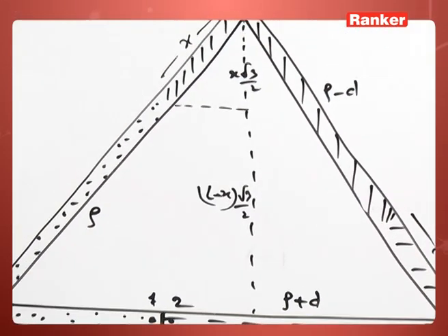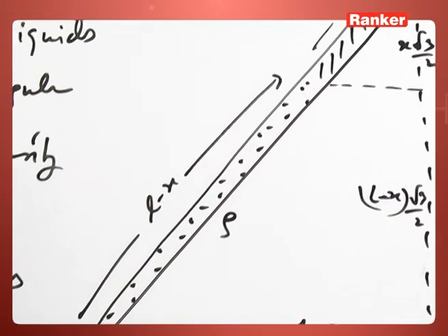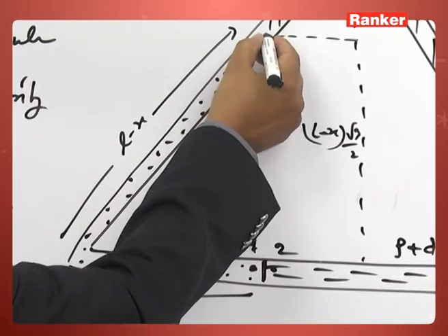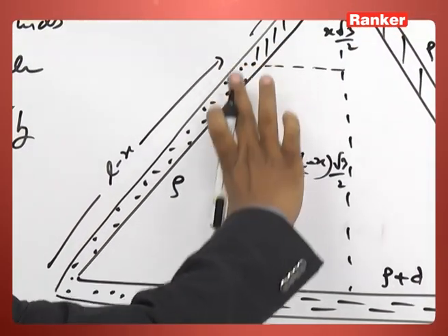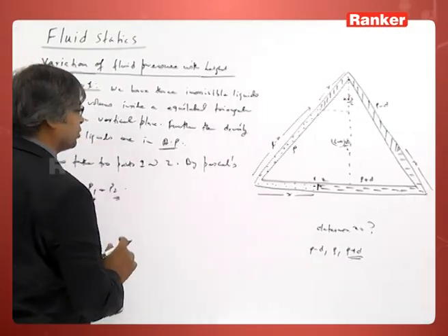The total length is L. So, pressure at 1 is the pressure of this liquid plus pressure of this liquid. That constitutes P1.